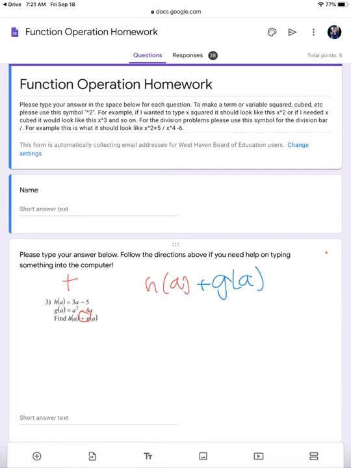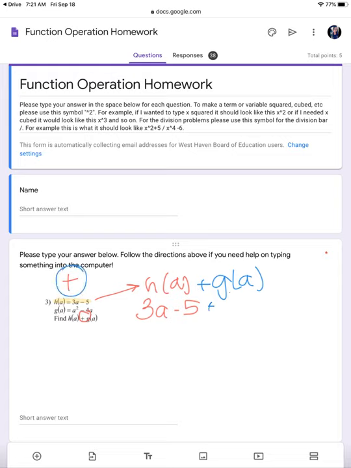So now I substitute h of a for 3a minus 5, because that's what it's equal to, okay? Then I'm gonna go on to g of a, but I can't forget my plus sign, because remember, we are adding, okay?